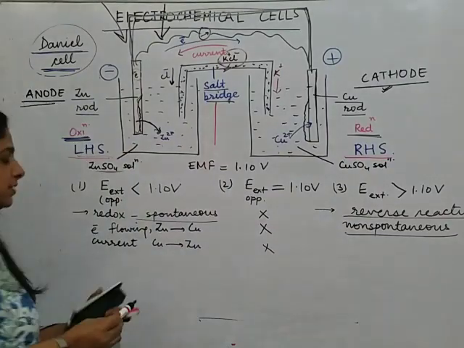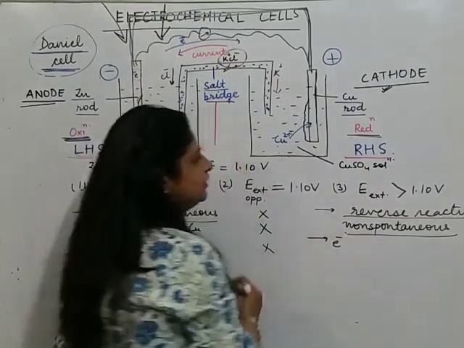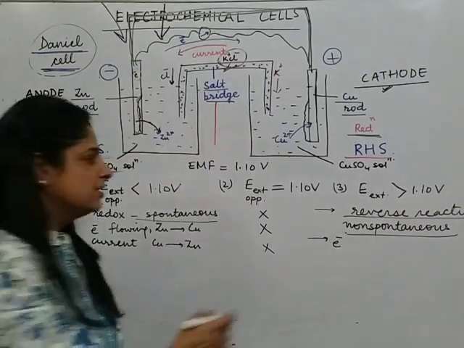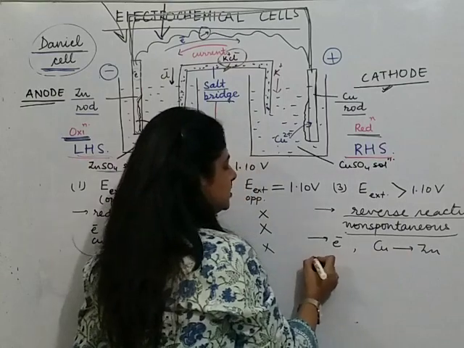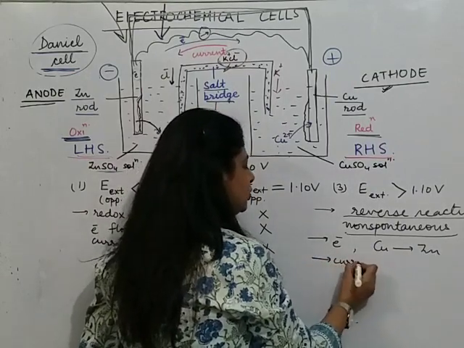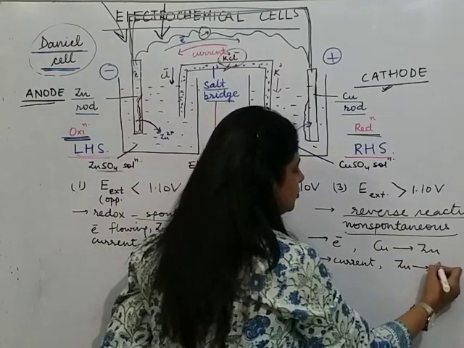Which means now the electrons will flow from copper to zinc. The electric current will flow from zinc to copper.